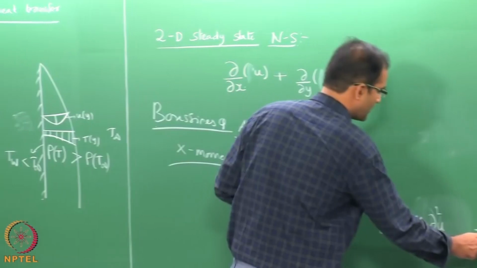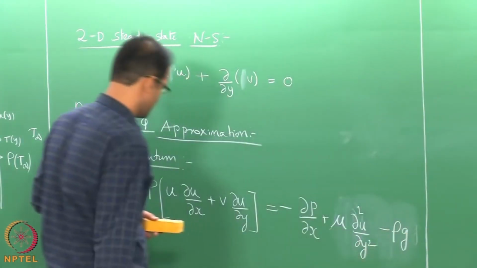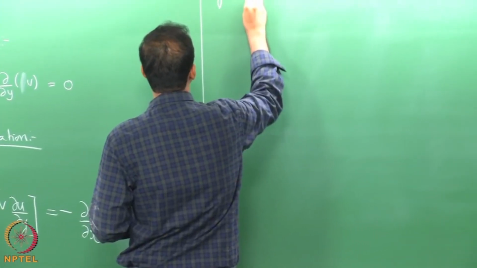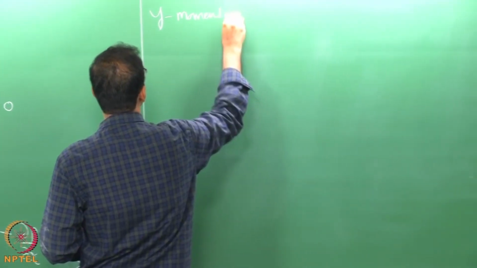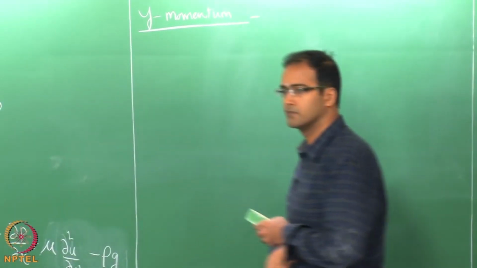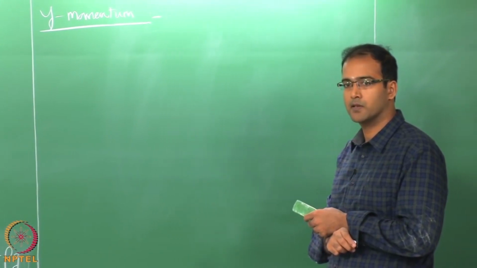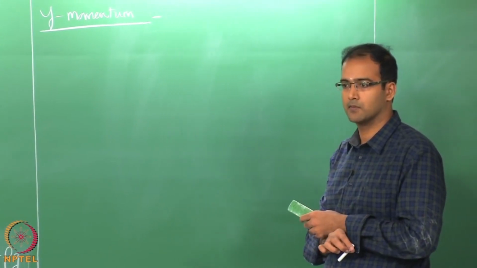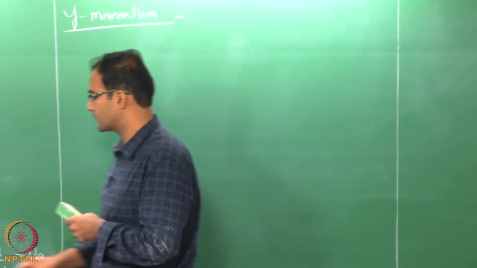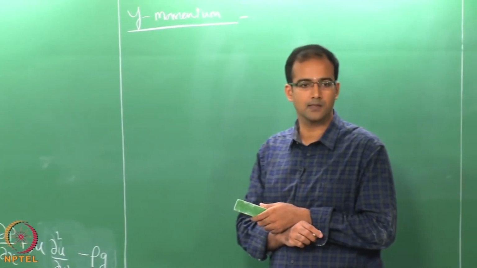Can you write down the y momentum similarly? So, what do we have for the convective terms in the y momentum? u dv by dx plus v dv by dy, but we do not have any v velocity.